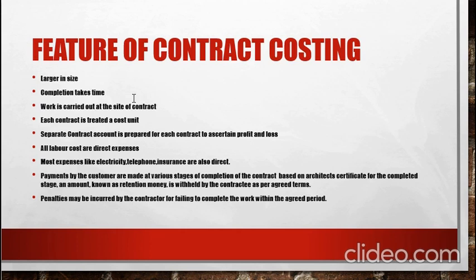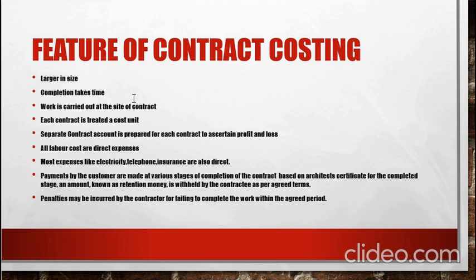The architect certifies the completed task. When the contractor accomplishes each task based on percentage, say initially 20% is completed, then 20% of the money to be received will be received by the contractor from the contractee.